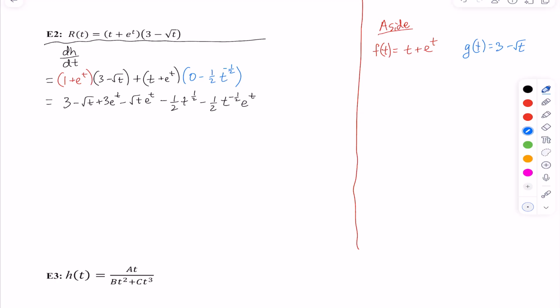We could still simplify this. Look for the greatest common factor. We want to collect like terms and then look for the greatest common factor. So why don't we do that? Why don't we collect like terms first?